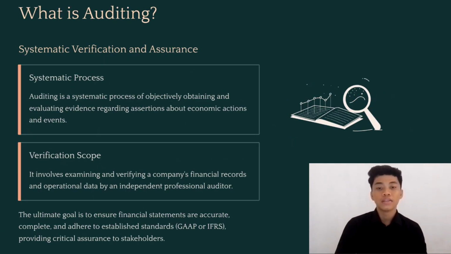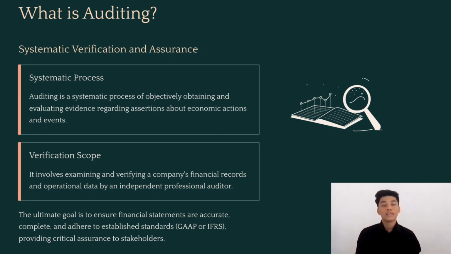The first slide: what is auditing? A systematic verification and assurance. Number one, systematic process. Auditing is a systematic process of objectively obtaining and evaluating evidence regarding assertions about economic actions and events.